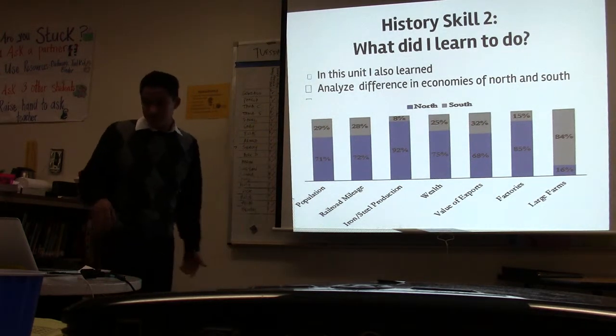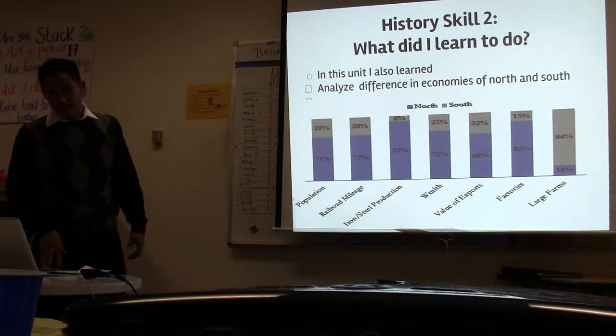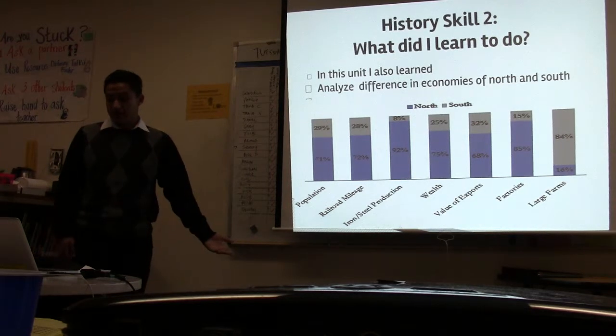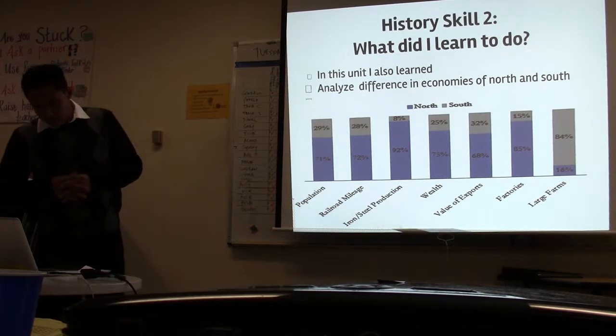Wealth is 75% in the North and 25% in the South.